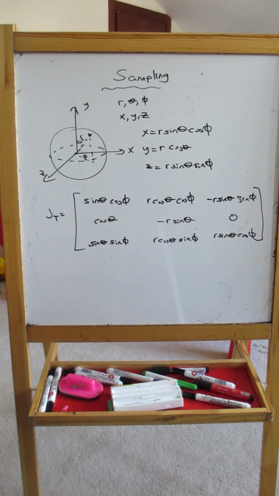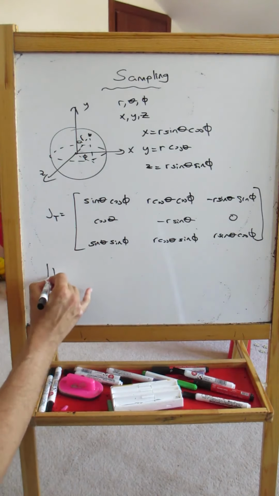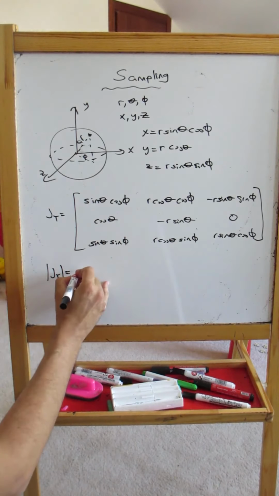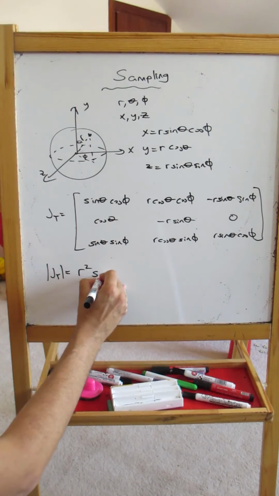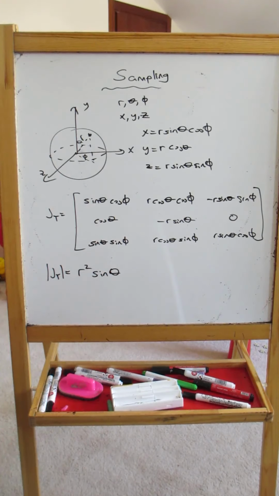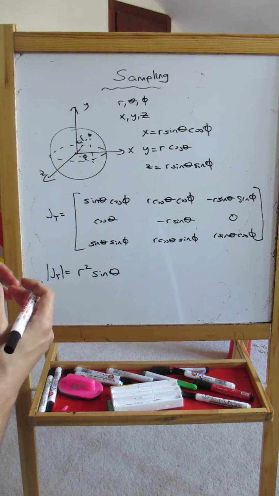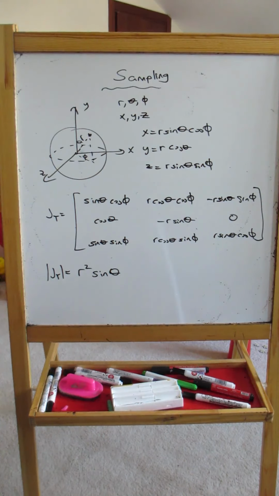Now the determinant of the Jacobian gives us r square sin theta. This is how the transformation from polar to Cartesian distorts the space, shrinking or enlarging it.